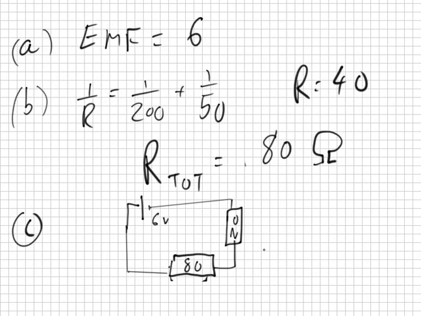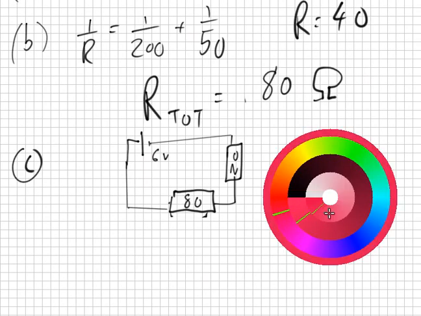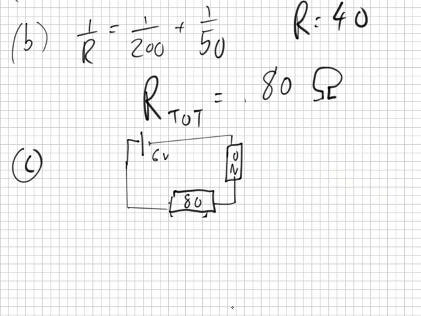Okay, and this question is, what's the current through the 20 here? Now, I think we can use V equals IR, but the problem is we don't know the V, because remember, that 6 is for the whole circuit, not for the voltage through this one.